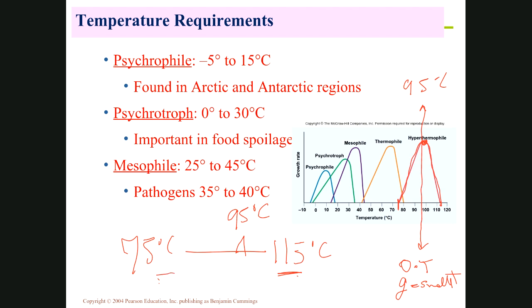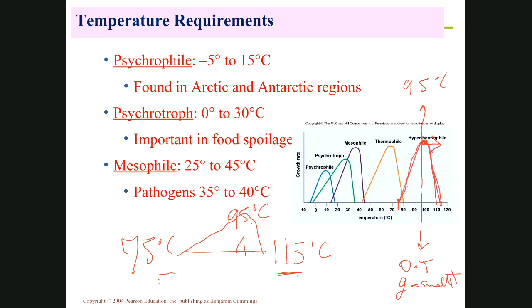So a growth curve is typically going to be lopsided in that the peak of the curve is going to be closer to the upper range of growth. The reason why is because once we begin to move at temperatures higher than the optimum, very quickly the high temperatures kill the enzymes and kill the population.